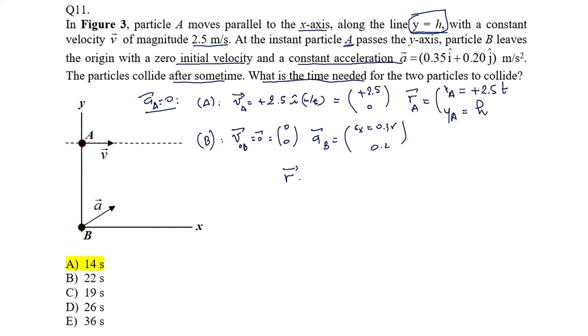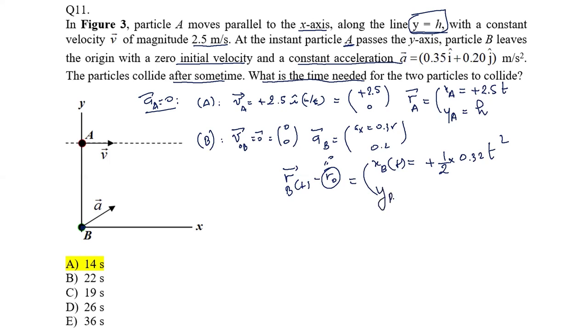So I can write what is the position of particle B. Of course, the position of particle B at any time minus the initial position of particle B, basically 0, because particle B starts from the origin here. So the position of particle B has two components. x of B, if I have constant acceleration, will be V naught x B, which is 0, multiplied by t, plus half AX, where AX is 0.35, t squared.